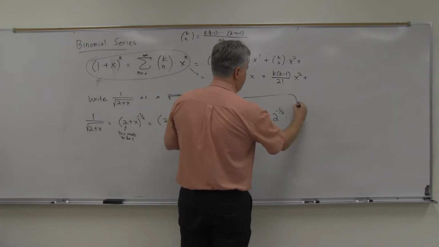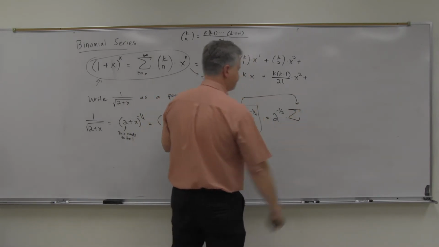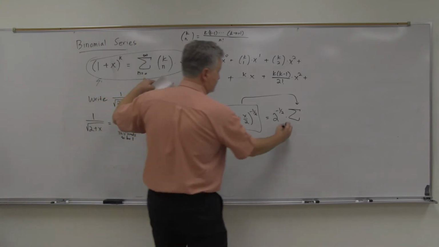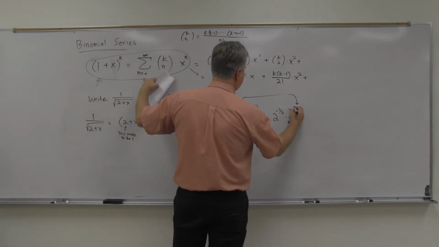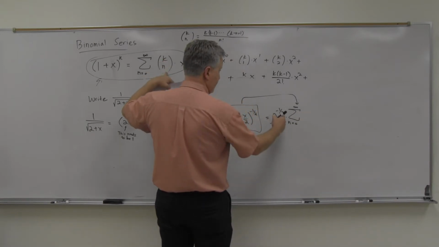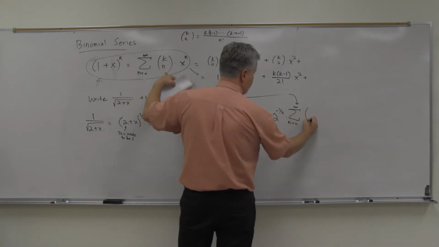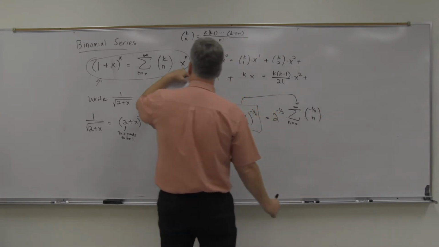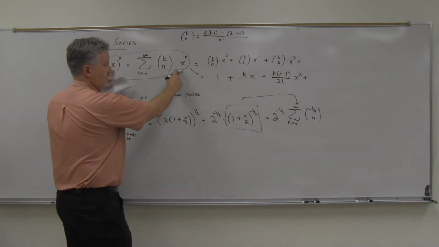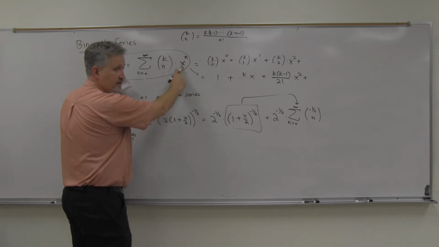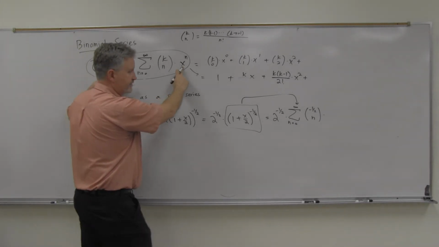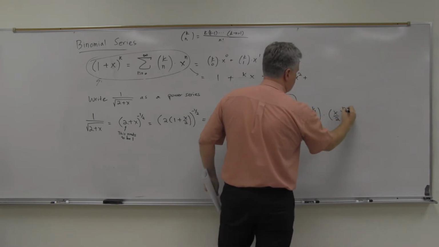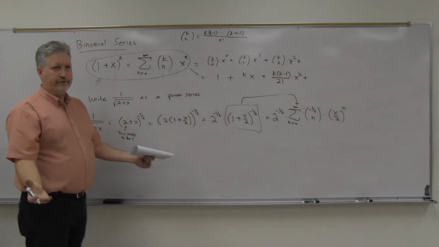Now this can be written as the power series, n equals 0 to infinity, k choose n. Here k is negative 1/2, so it'd be negative 1/2 choose n, times x to the n. If this is x over 2, then that would be x over 2 to the n, right? So we just replace our x by x over 2. So far, so good?